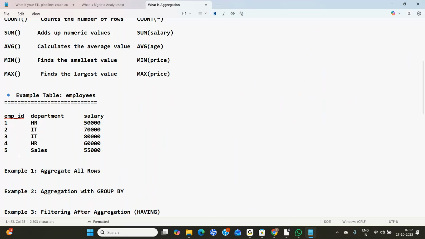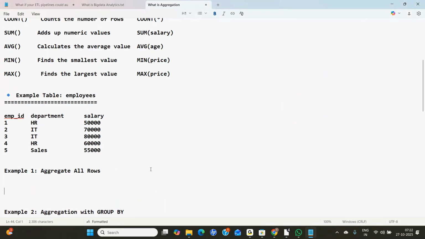Aggregate for all the rows means it does not contain any group by clause. Let us see an example.